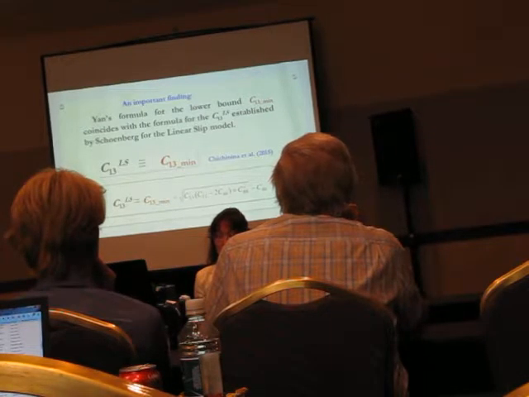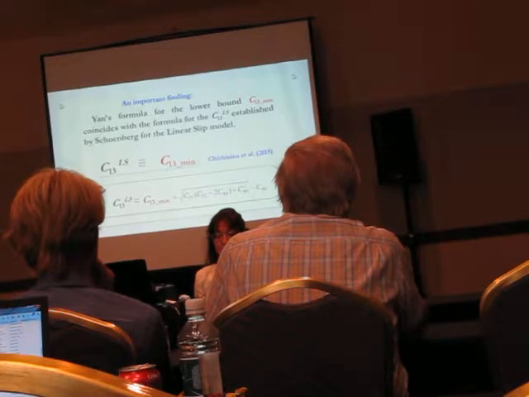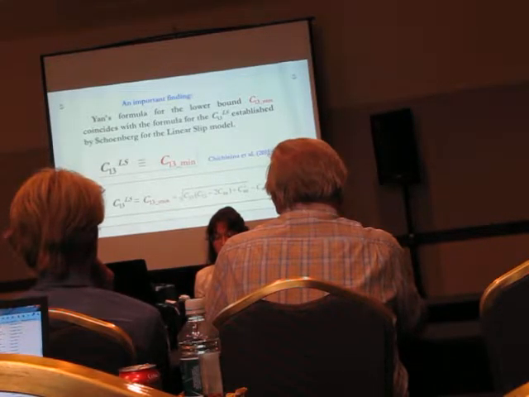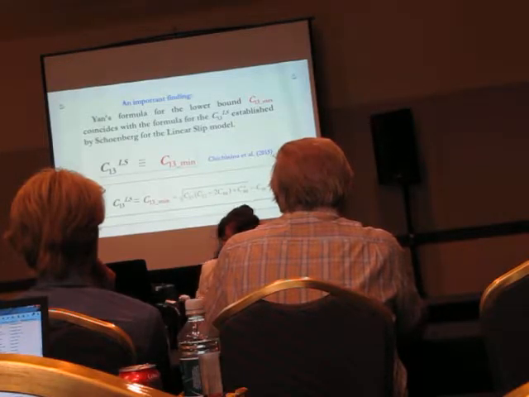First, I have found out that Young's formula for the lower bound of C13 coincides with the formula for the C13 established by Schoenberg for the linear slip model. It helps me to resolve the problem of these two contradictory statements.